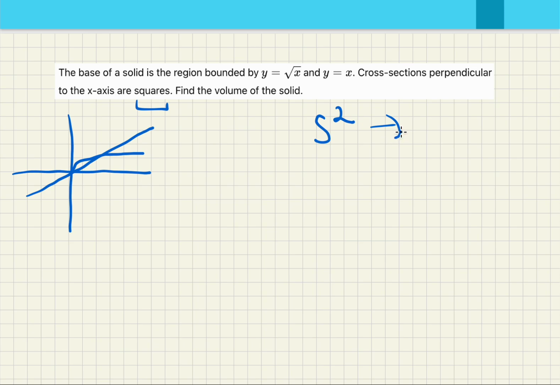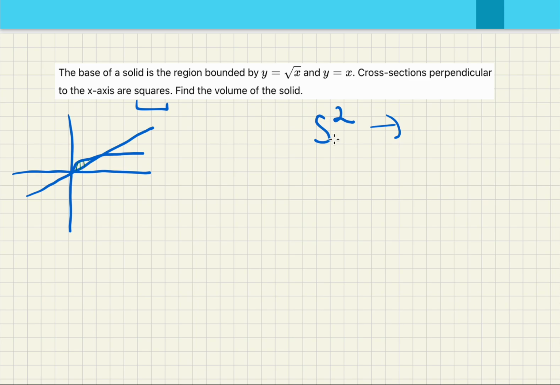And the third step is to identify what is s in this case. And since we know that the cross sections are perpendicular to the x-axis, we know that these small lines here is one side. So each of these lines are 1s.